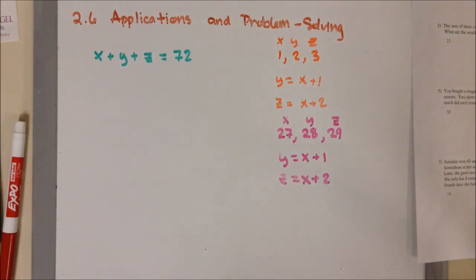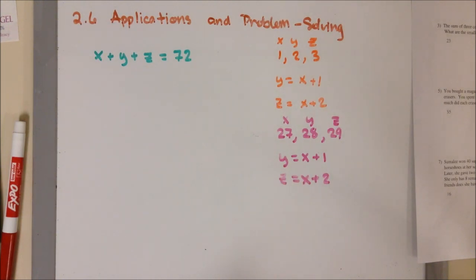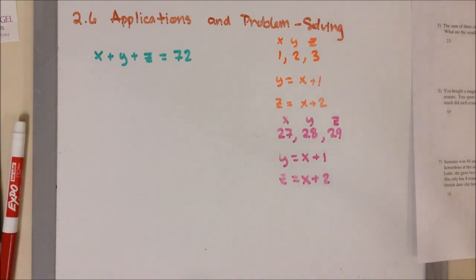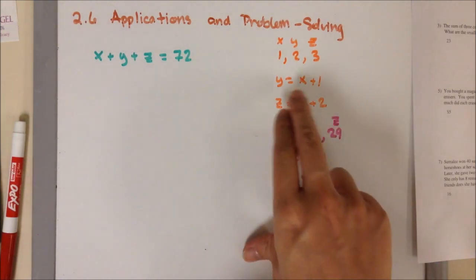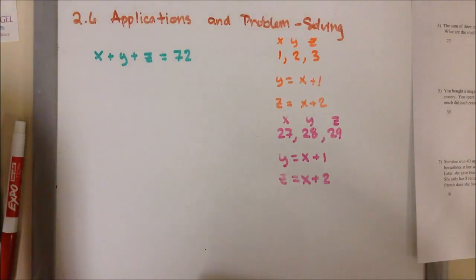If I follow this pattern, then I can substitute for y and z. Since there are different variables, it's hard to solve without guessing and checking. So I'm going to use the equations y equals x plus 1 and z equals x plus 2, plug them in, and you see what happens.